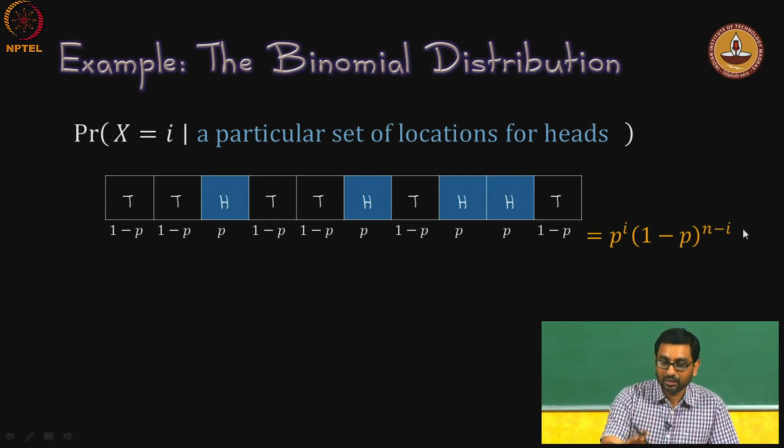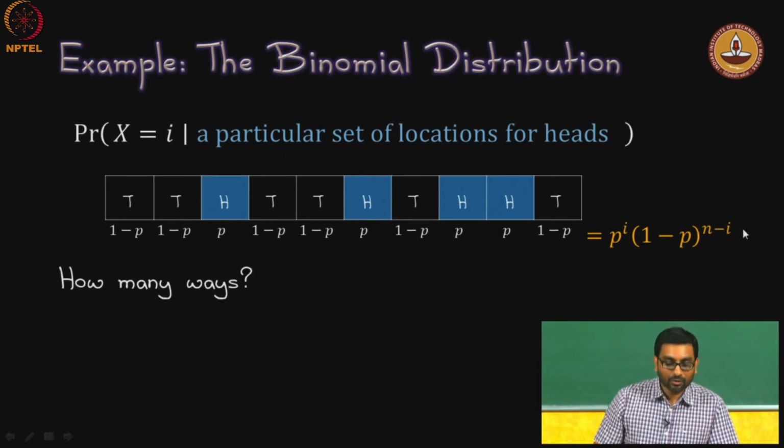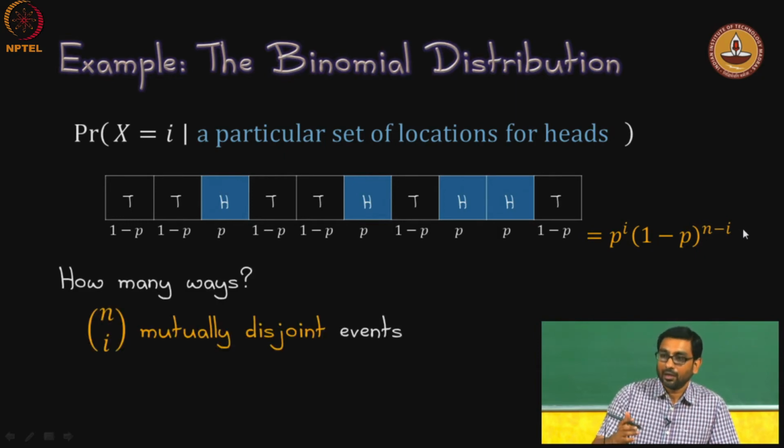Okay. This probability works when you have specified the locations for the heads. But that obviously you cannot do, you do not know where the heads will occur. So, you have to consider all the n choose i possible ways in which the i heads can occur, right. That is n choose i mutually disjoint events. If they are mutually disjoint, you do not multiply, you add them up.